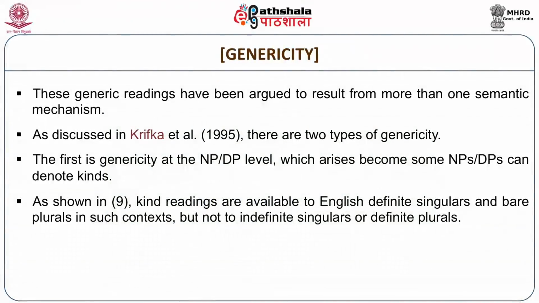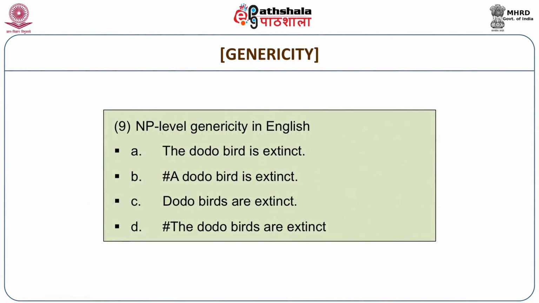Kind readings are available to English definite singulars and bare plurals in such contexts, but not to indefinite singulars or definite plurals. So you can say "the dodo bird is extinct," but you cannot say "a dodo bird is extinct." You can say "dodo birds are extinct," but you cannot say "the dodo birds are extinct."